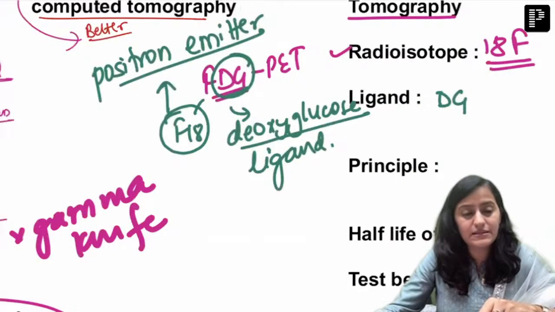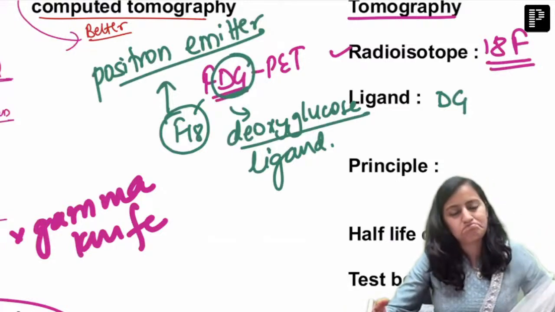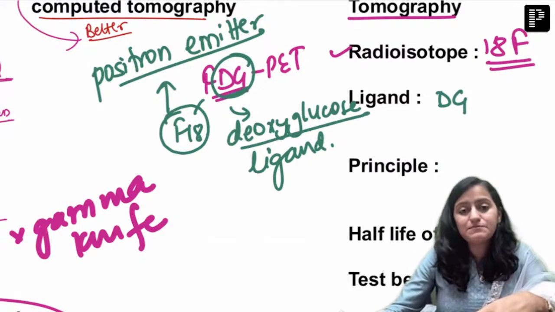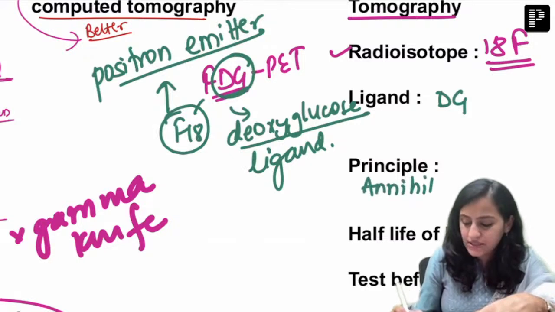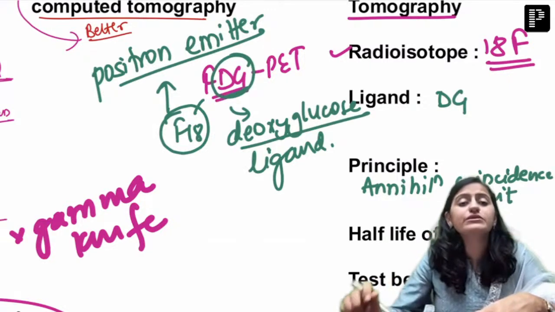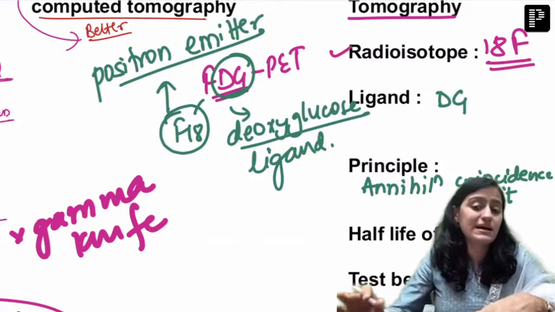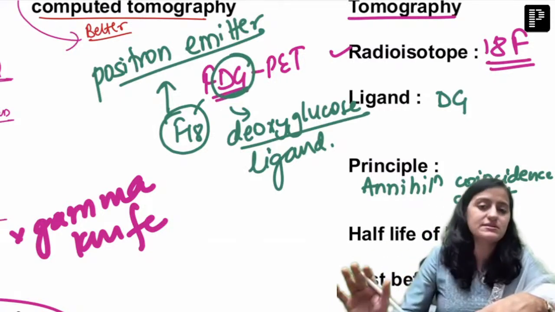And just remember the name of the principle used in PET scan: annihilation coincidence circuit. I'm not going into details of that now, but just remember the name, annihilation coincidence circuit.